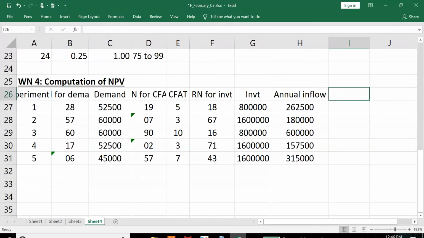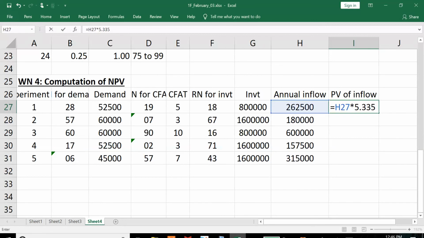Listen, NPV is inflow minus outflow. Present value of inflow is, can you tell me the 8-year annuity factor at 10%? 5.335?